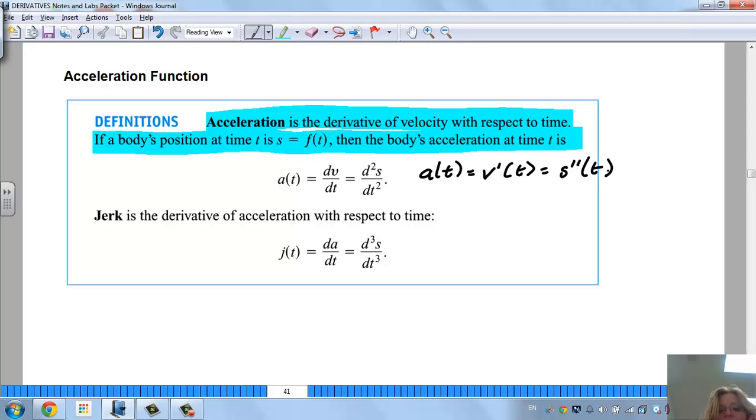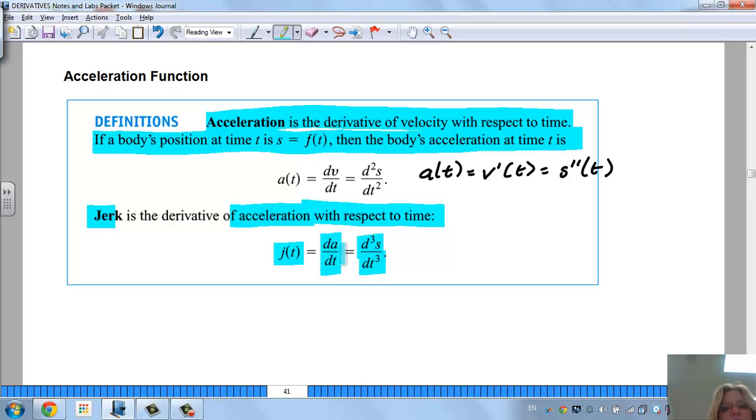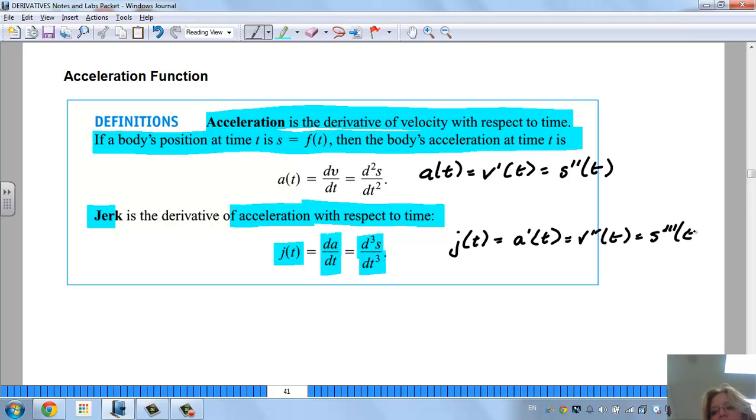This should all sound familiar because it was in an earlier video on the power functions. Jerk, again, is the derivative of acceleration with respect to time. So jerk is the third derivative of your position function, or the derivative of your acceleration. So j of t is the first derivative of acceleration, the second derivative of velocity, and the third derivative of position.